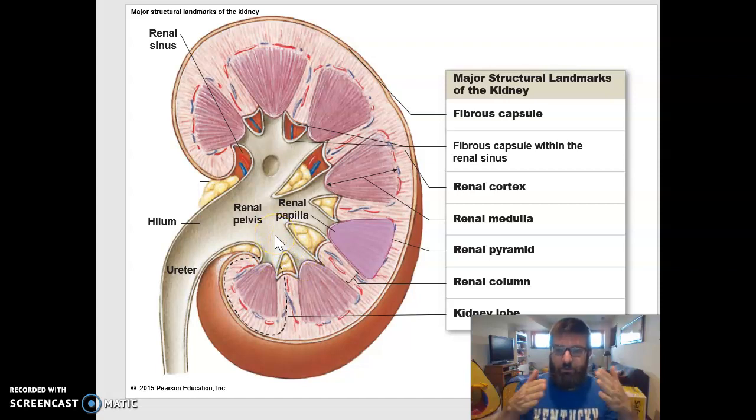Just like two streams might come together to form a river, two or three minor calyces come together to form a major calyx. And all of the major calyces dump into this one funnel called the renal pelvis that funnels all of the urine into the ureter. So multiple calyces, one renal pelvis here in the middle.